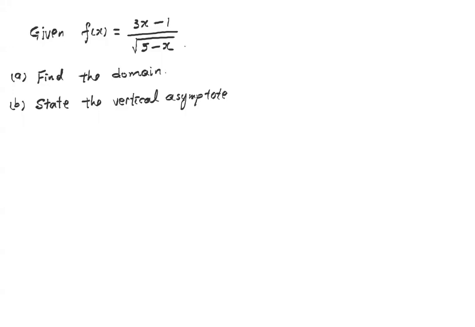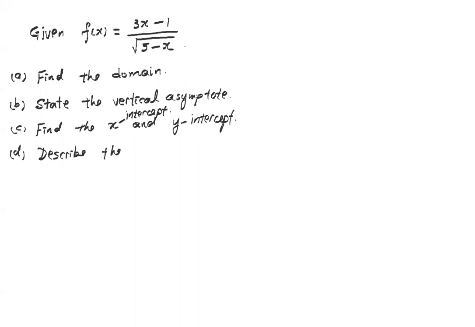C. Find the x and y intercept. D. Describe the changes of f(x) as x approaches 5 from the left.